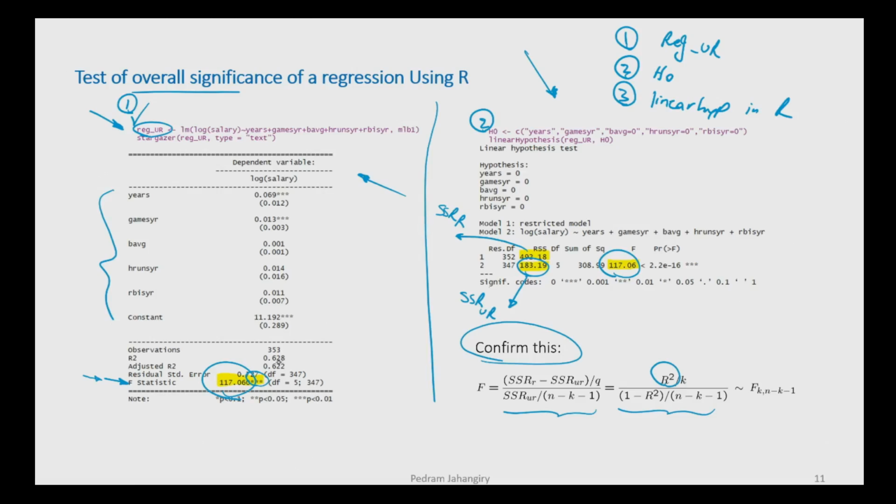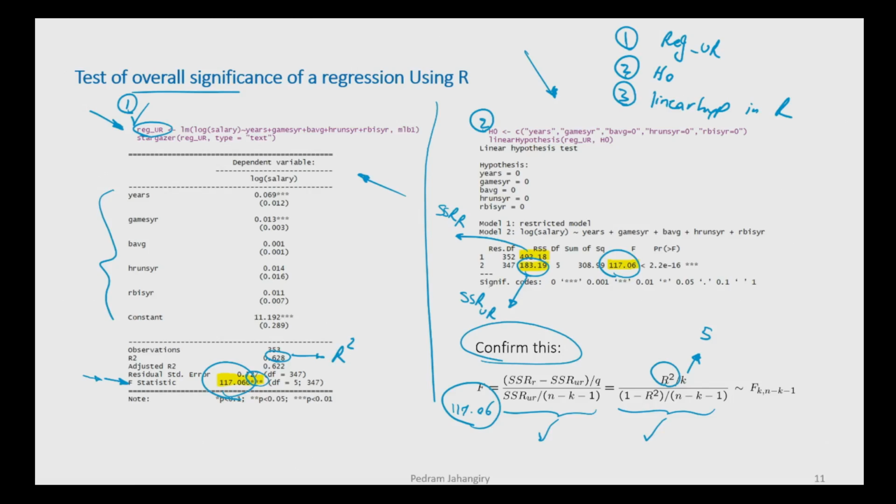R squared of the model is this. What is K? 1, 2, 3, 4, 5. So K is 5. I want you to go ahead and plug in these numbers and confirm for me that you get to the same value, 117.06. This is important.